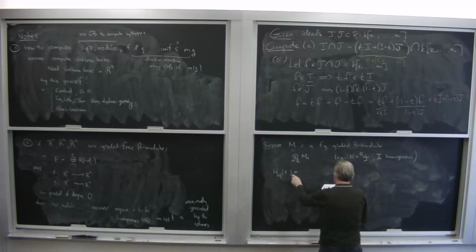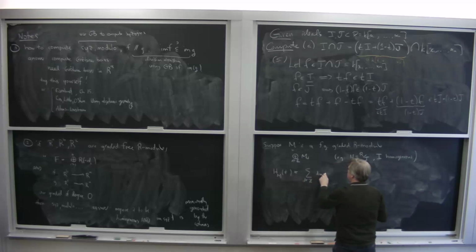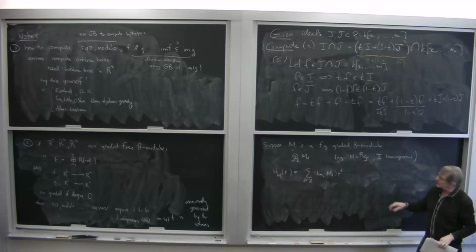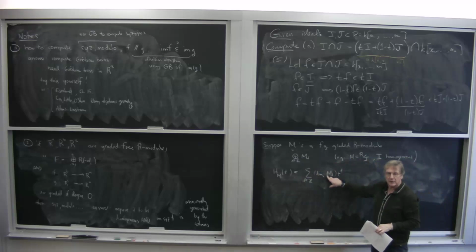So this thing here is going to be the sum over d in Z of the dimension of M_d, remember, this is now a vector space over the base field K, times T to the d. This is the generating function, and before we had defined it for M equals R mod I. Okay.